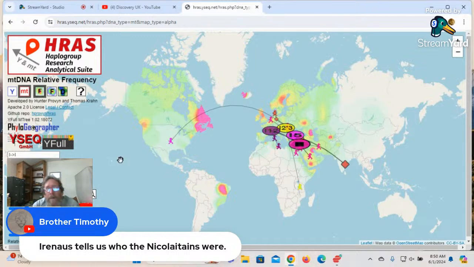I mean, no, the X and W may have been the later crossing, but since I don't know if we looked at the X and W, well, we looked at it in another video, but let's see what the X and the W are. We know the X is here, but this is almost 10,000 years.